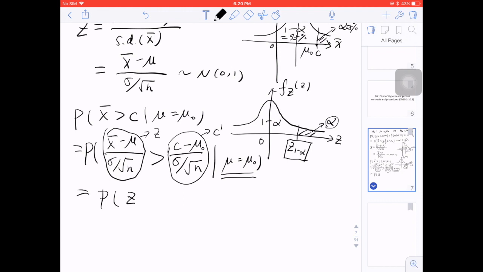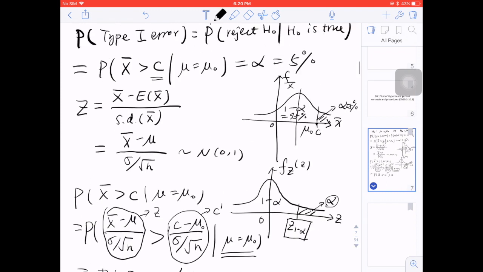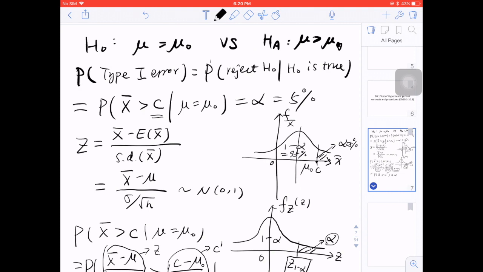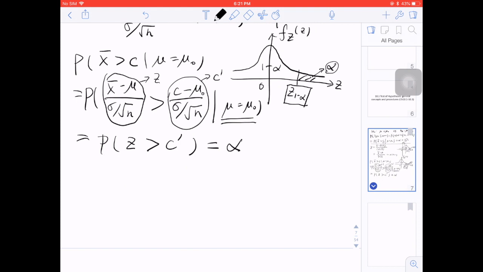Okay, so we have the probability that Z is larger than C prime is equal to alpha, right? Because we want to fix the probability of making type 1 error to be equal to alpha, which is 5%. Okay, so this C prime actually is this one, the critical value, Z1 minus alpha. So you can use the Z table to find this critical value.